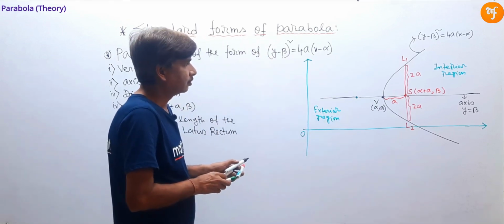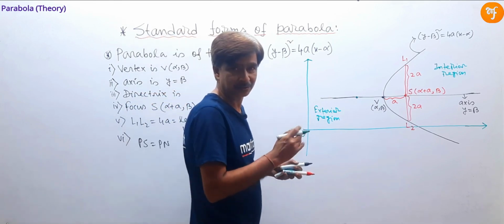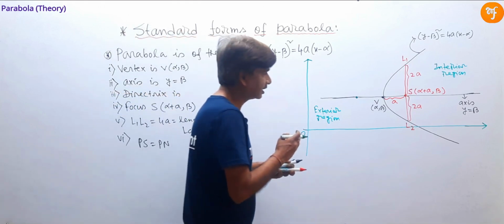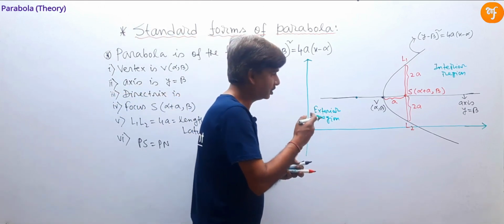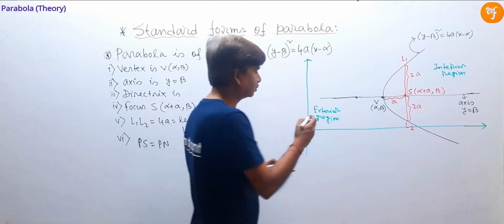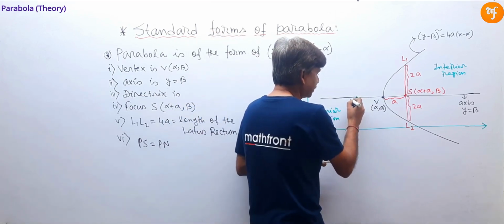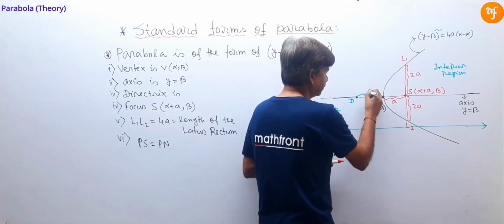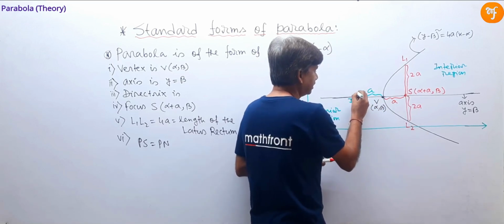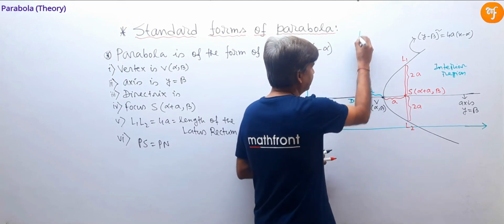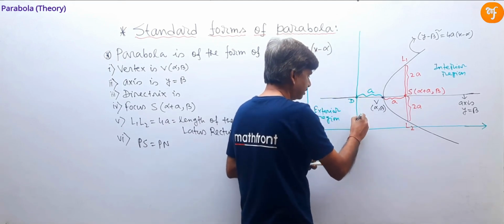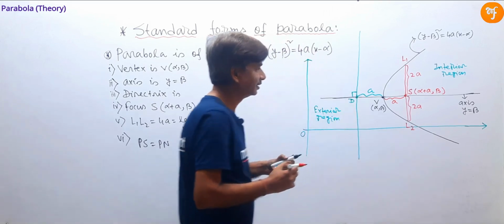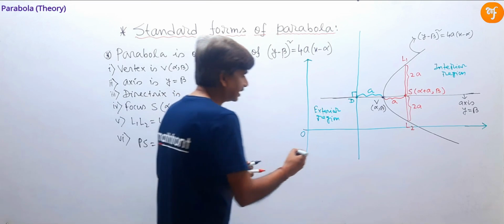Now we should draw the directrix, which is perpendicular to the axis of the parabola, and the directrix is at a distance of a units from the vertex. So this is the point D. This distance from the vertex is equal to a, and the directrix is the line which is perpendicular to the axis of the parabola. Got it? Clear? So this is the directrix.